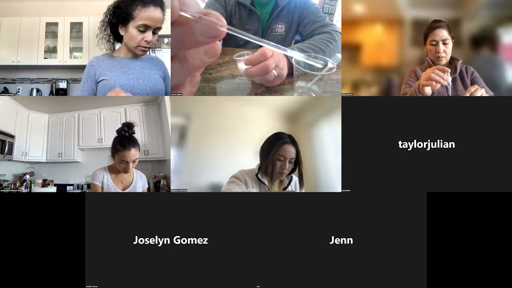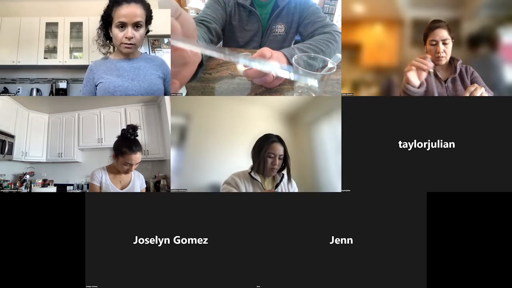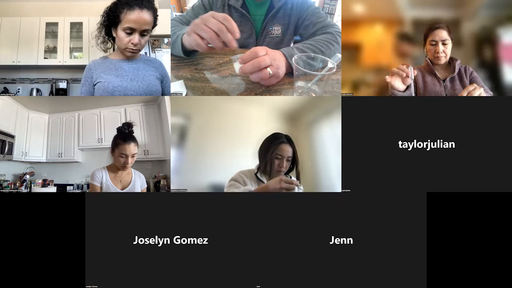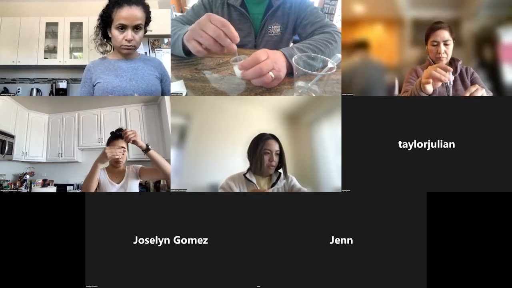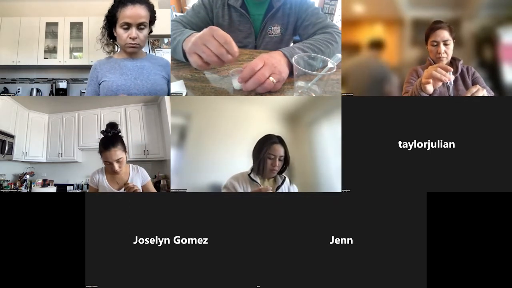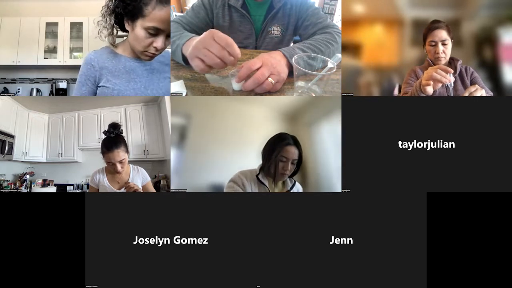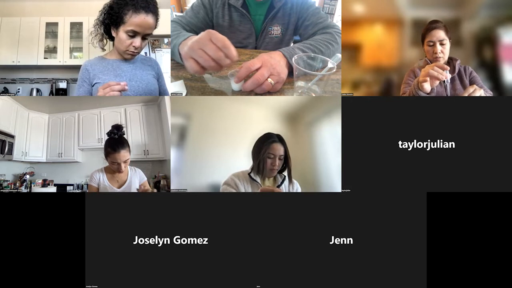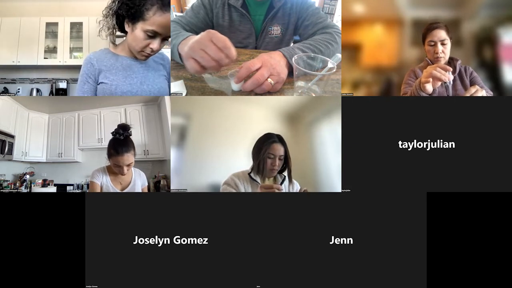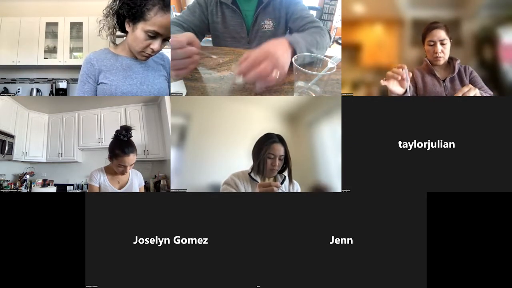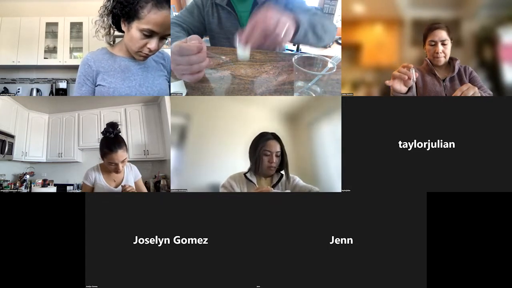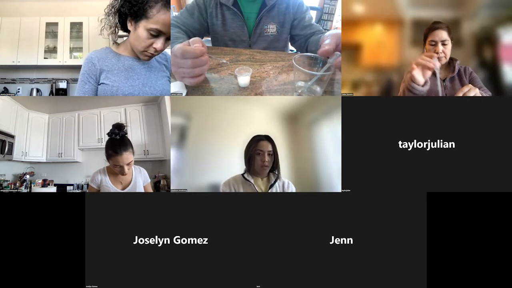And I'm starting to get protein stuck to the glass stir rod as well, which is probably going to affect your yield. So still in suspension, but definitely starting to look different.